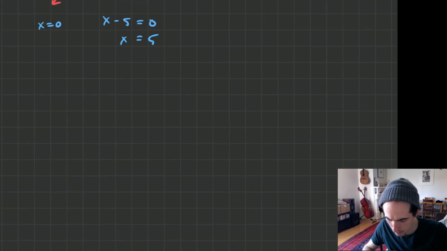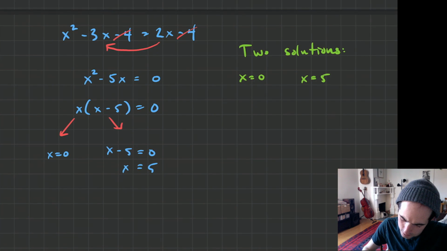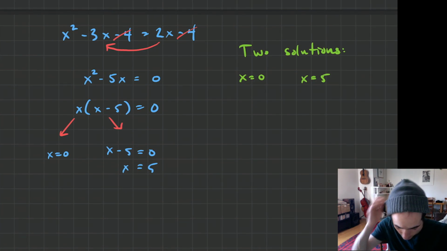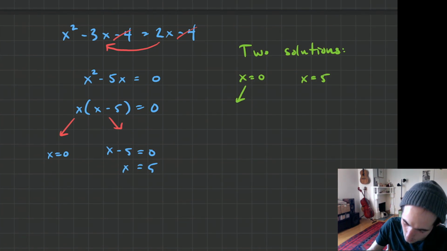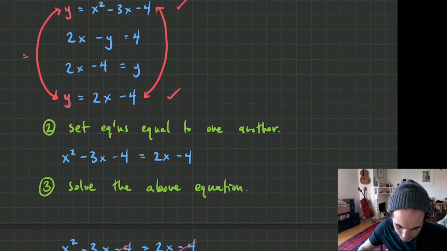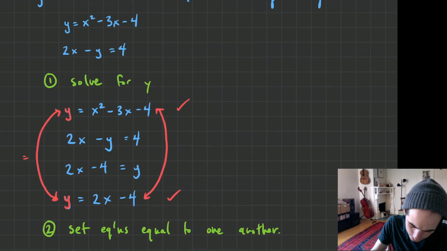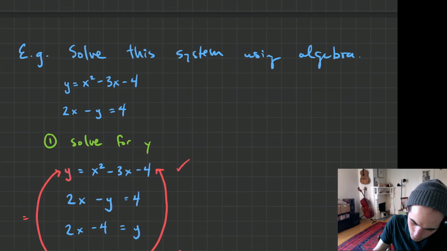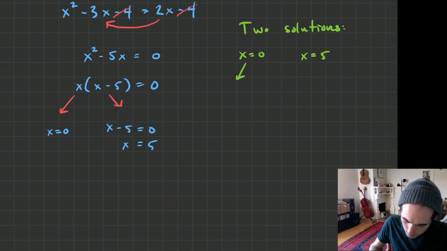So our two solutions are x equals 0 and x equals 5. In this case, what's y going to be equal to? Well, let's choose one of our equations. Let's do the linear equation, because that looks like it's easier to work with. So 2x minus y equals 4.